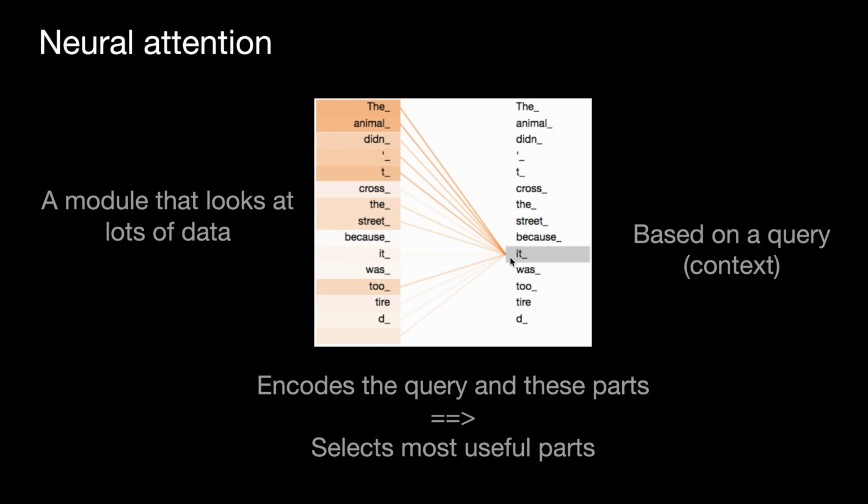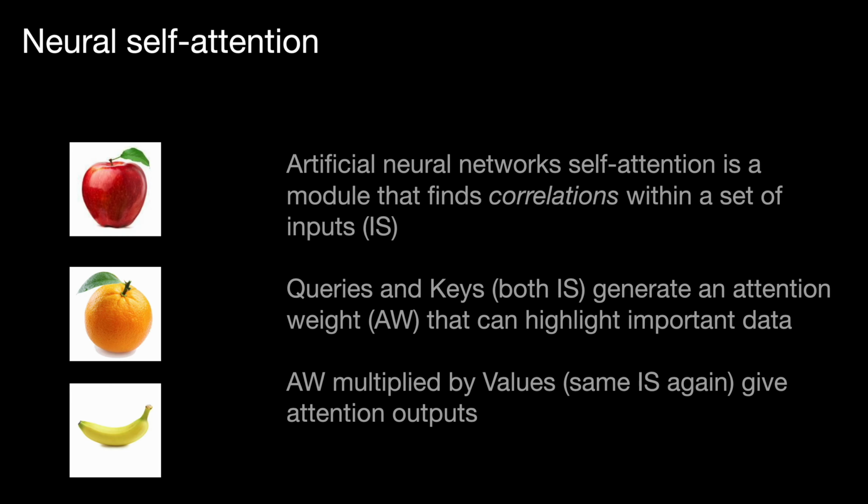So for example, here, "it" might be very much related to the street or the animal, right? These are the things that are most typical. So I have to generate an attention mask that tells me which parts of the whole sequence are most relevant to the word "it." Then with this attention mask, I can go back to values, which is again the same sequence, and mask parts of the sequence that I don't care about.